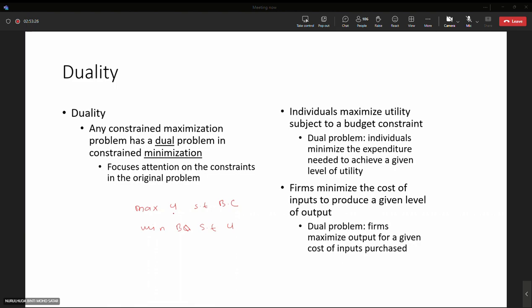Solving these two will give us sets of demand functions with different arguments. This demand function will be a function of prices, so we have two goods, P1 and P2, and income.